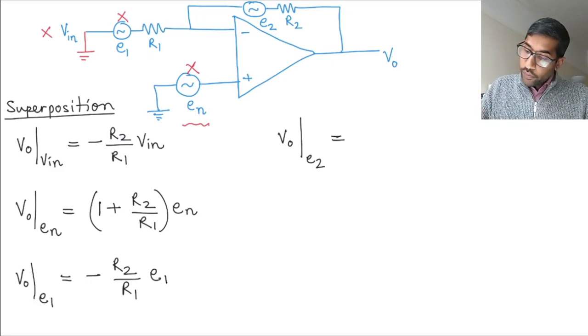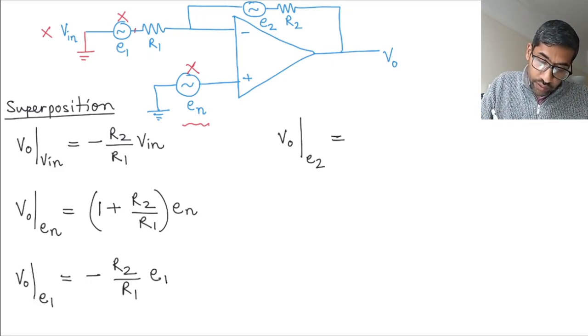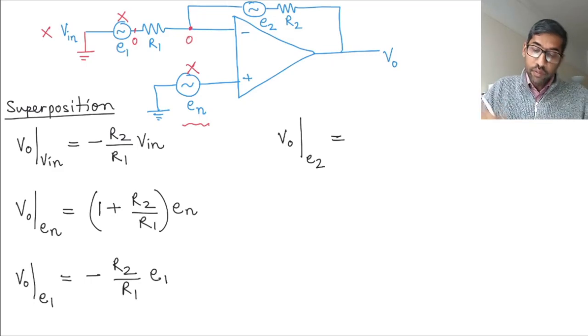The voltage at this point is 0. The voltage at this point is also 0, basically because this is connected to this point and the voltage En is 0, so that's connected to ground. So this is 0 volts.